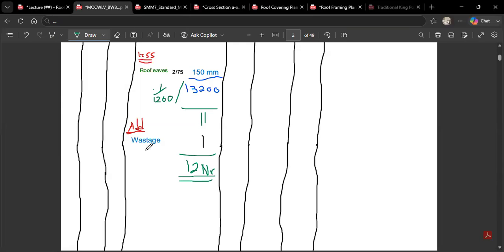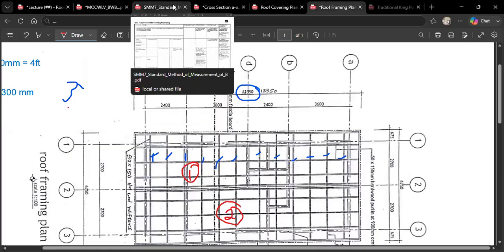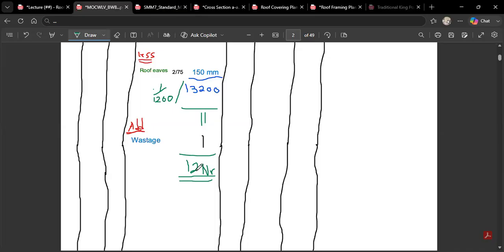We are going to multiply the two sides that I told you about, face one, face two, times the 12 rafters we're having over here, times the length, the real framing length itself, which was what?